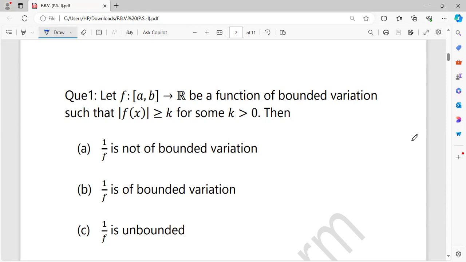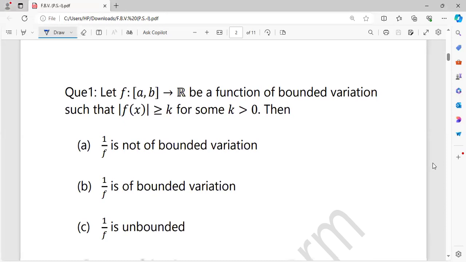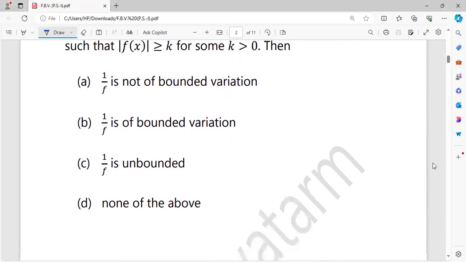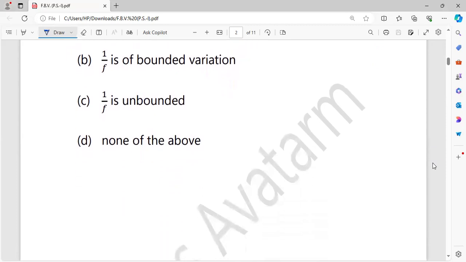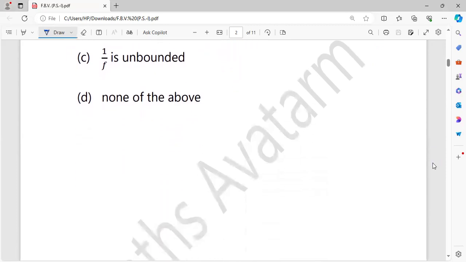Then first is 1/f is not a function of bounded variation. Second is 1/f is a function of bounded variation. Third one is 1/f is unbounded. And fourth is none of the above. So you see that I have done one derivation on it. What was that?